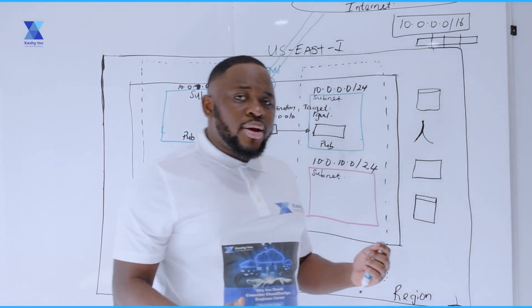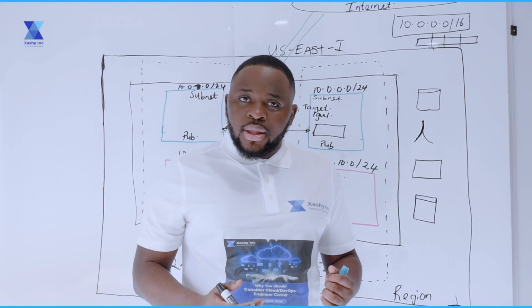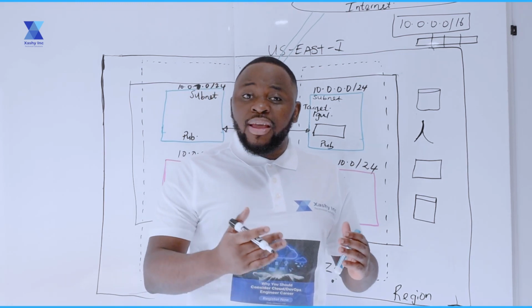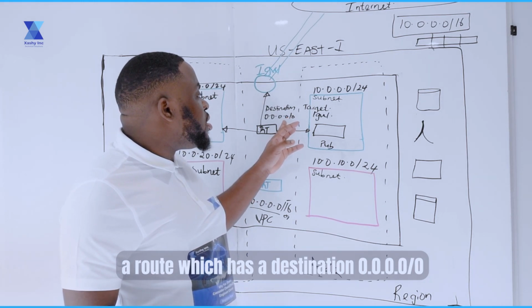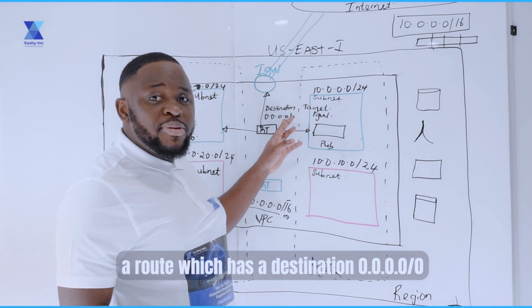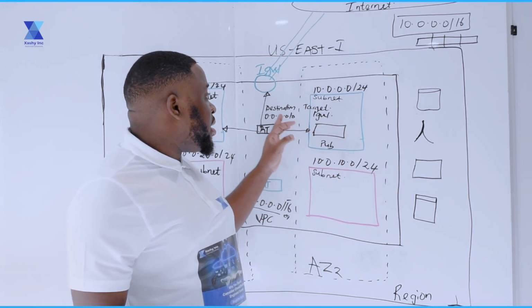So if you want to make a subnet public, you want to ensure that as part of the route table, you add a route which has a destination which is 0.0.0.0/0. This simply means traffic going anywhere, out of a target which is the internet gateway.